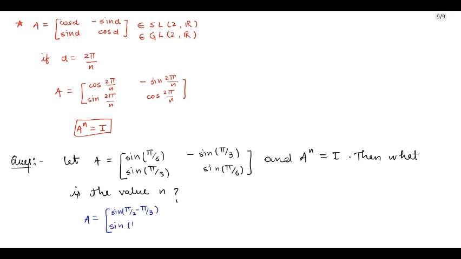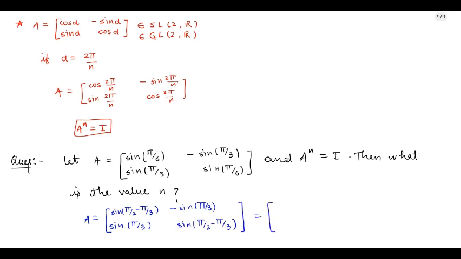Okay, this is sin pi by 3, and here sin pi by 3, and here we write sin of pi by 2 minus pi by 3. Then what is sin of 90 minus theta? Cos theta.